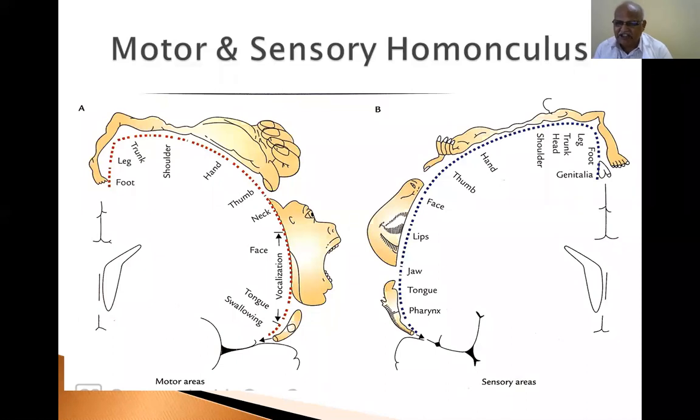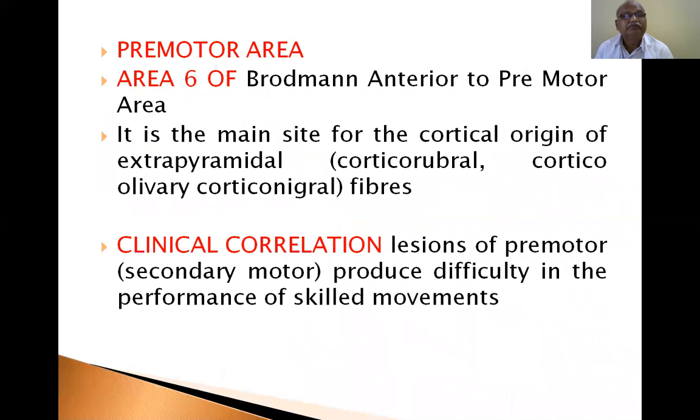The volume of area providing the motor and sensory representation depends upon skillful movements and functions, but not upon the mass. You must know it.